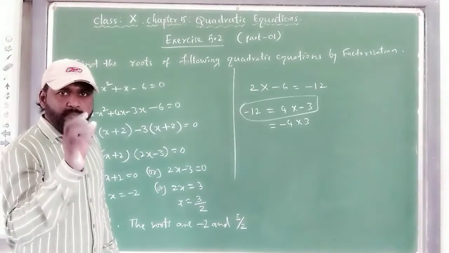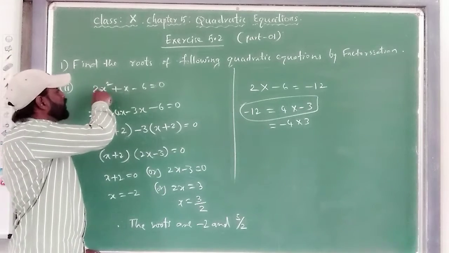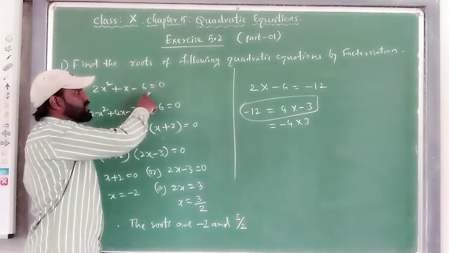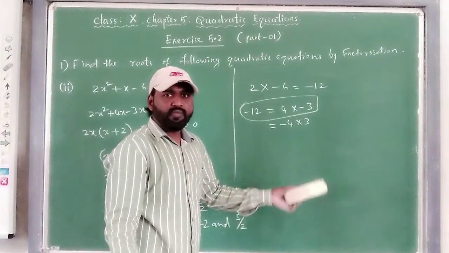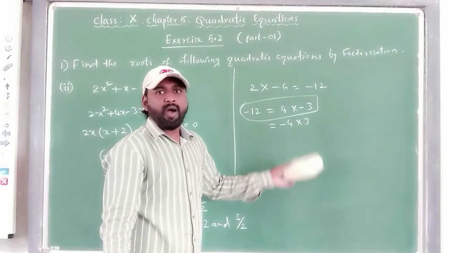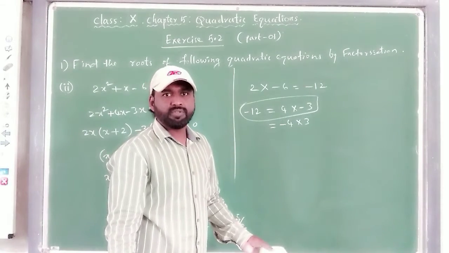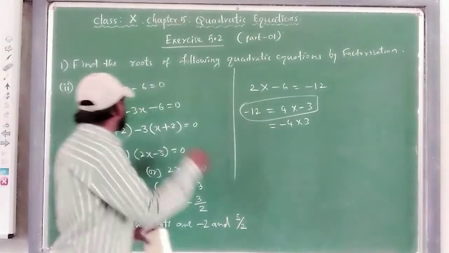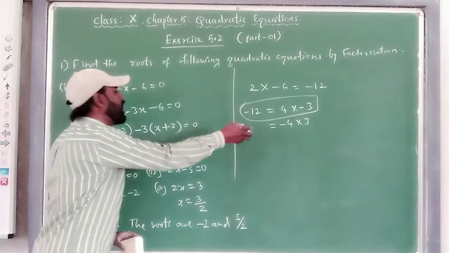Here there is only one important thing to do. First thing, you have to multiply the coefficient of x square with the constant term. The product you have to factorize. Choose any two factors with a combination of those two, that means the sum of those two or the difference of those two must be equal to the x coefficient. So that pair you have to choose.